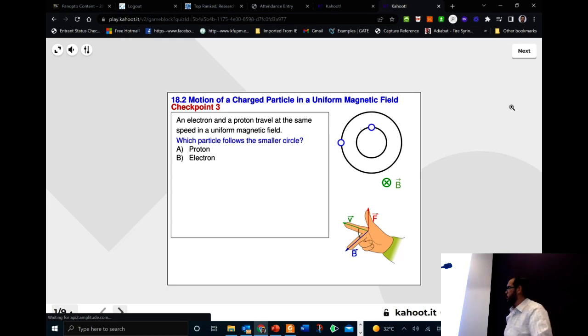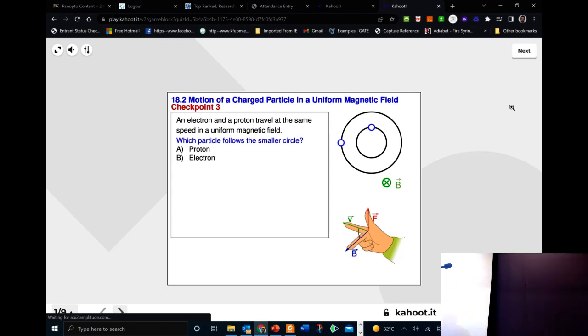Okay, so this is the Kahoot question. Here we have two particles, an electron and a proton. They travel at the same speed, v, in a uniform magnetic field. Which particle follows a smaller circle, the proton or the electron?